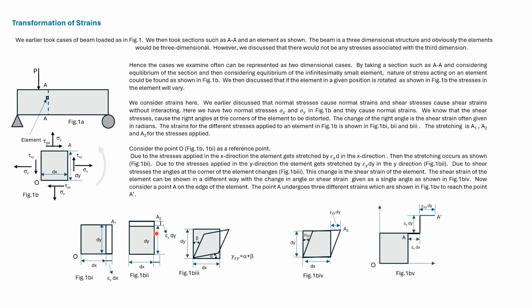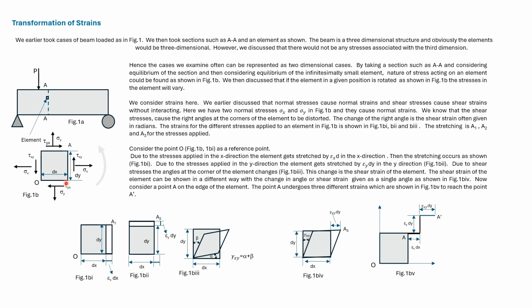Here the strain due to sigma y is shown. If epsilon y is the strain in the y direction, then the extension will be epsilon y dy as shown. A here shifts to A1, and in this diagram A shifts to A2.